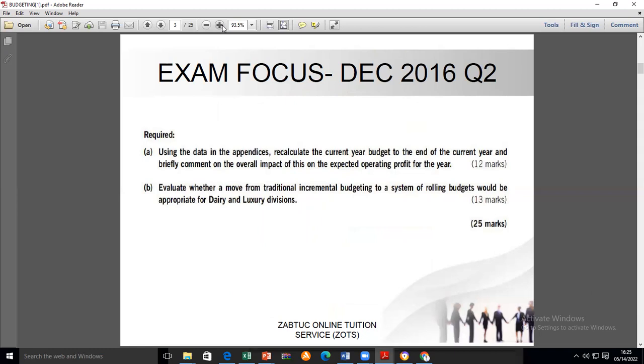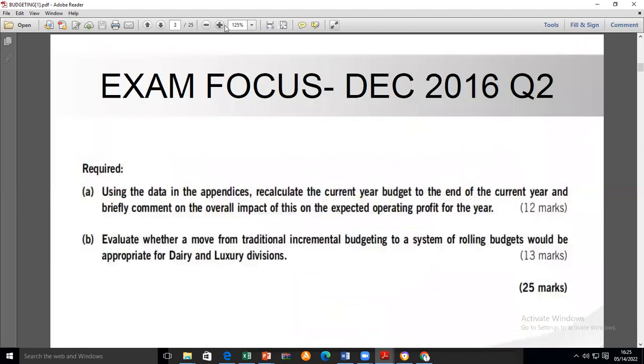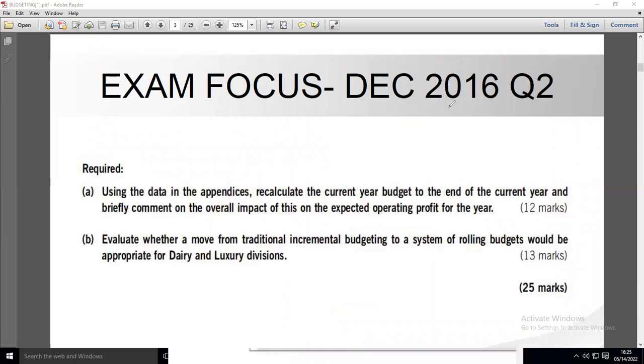In terms of the exam, here are some of the questions that we have seen. Using the data in the appendices, recalculate current year's budget to the end of the current year and briefly comment on the overall impact of this on the expected operating profit for the year.